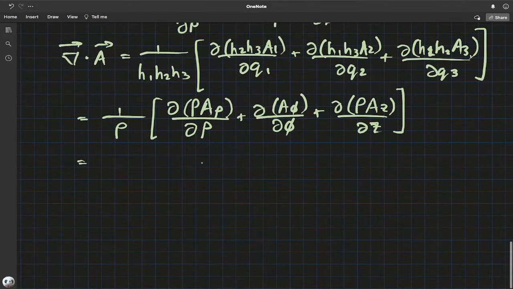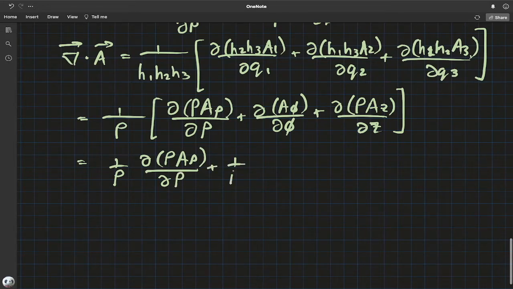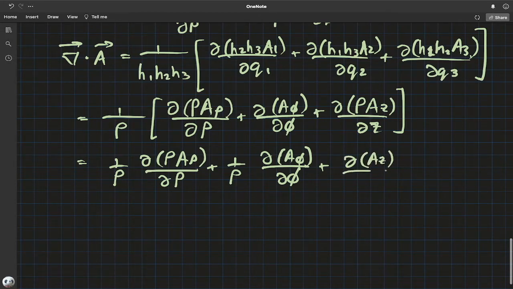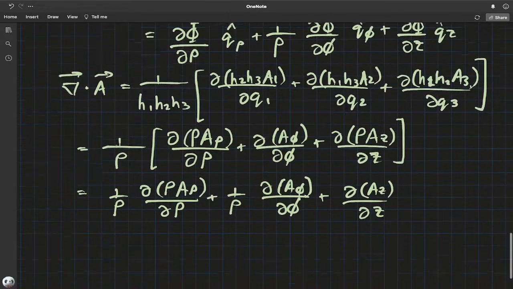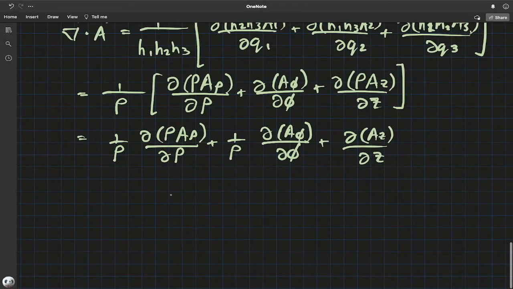So it simplifies to 1 over rho partial rho a sub rho with respect to rho, plus 1 over rho partial a sub phi with respect to phi, plus, the rhos cancel out, partial a sub z with respect to z. So that is the divergence of a vector field A in this system.